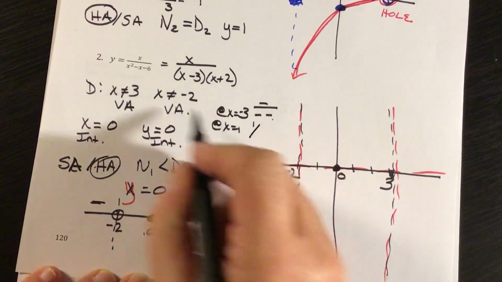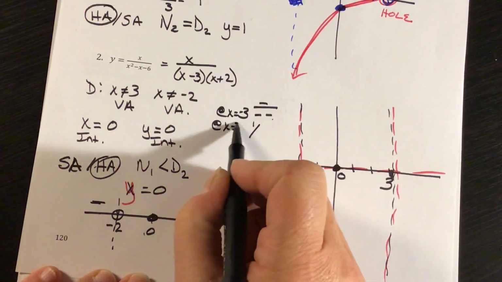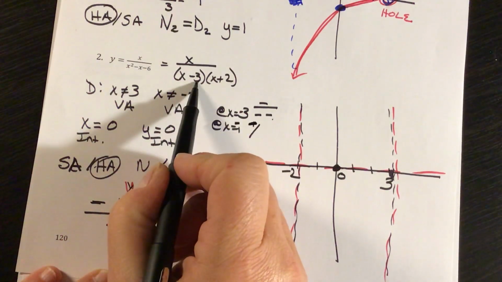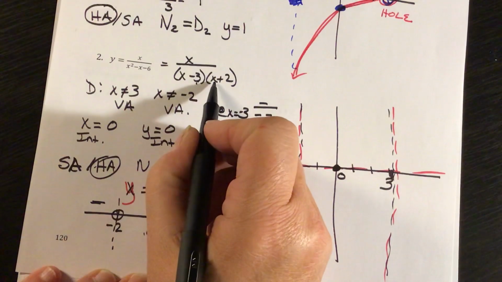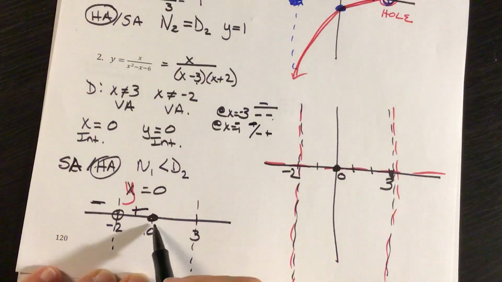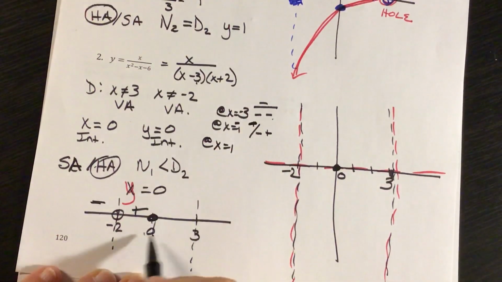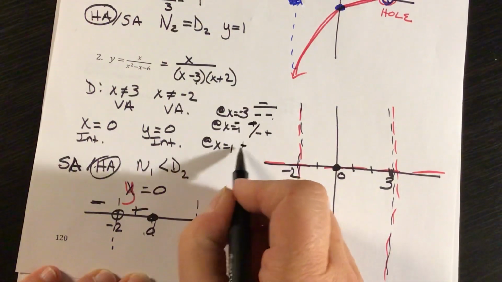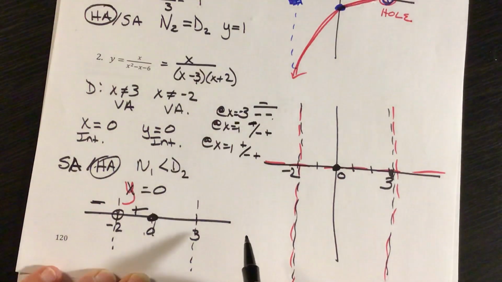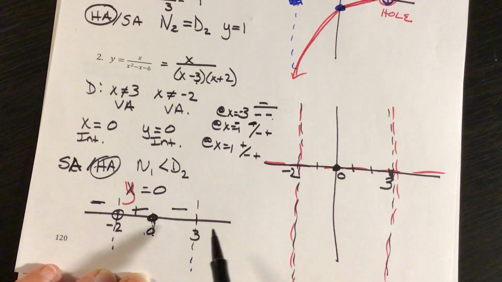I have -1 on top, and then -1 minus 3 is negative, and -1 plus 2 is positive, so this area is positive. And then let's choose a positive one to test between 0 and 3. 1 on top is positive, 1 minus 3 is negative, and 1 plus 2 is positive. So it's actually going through my x-intercept.